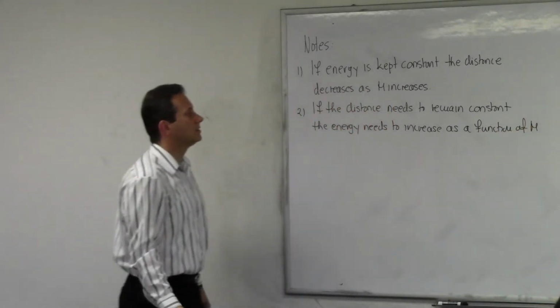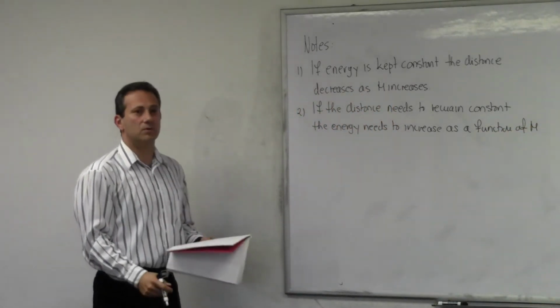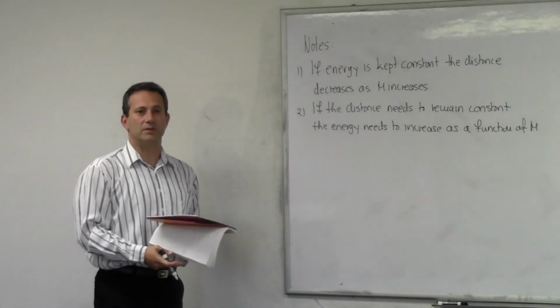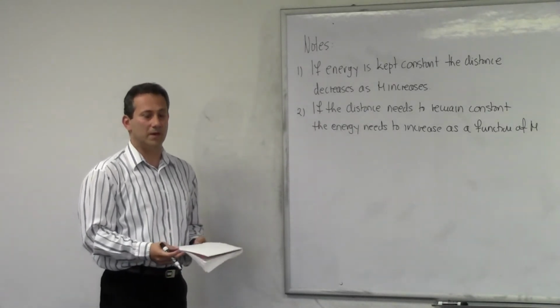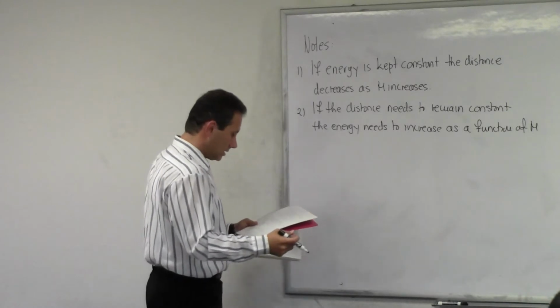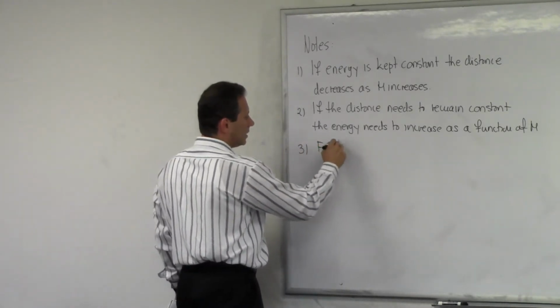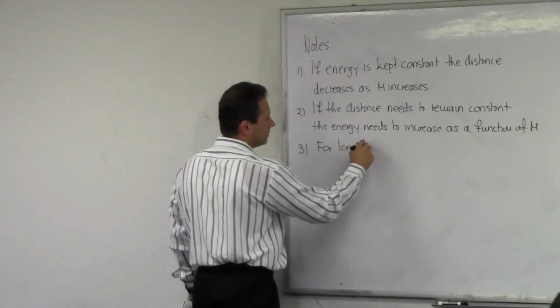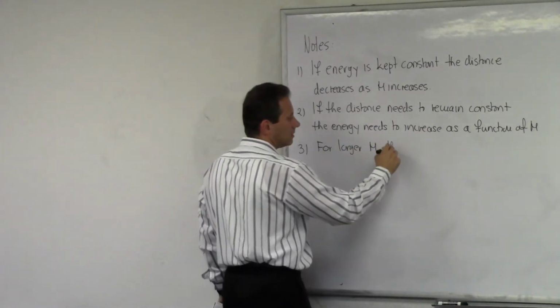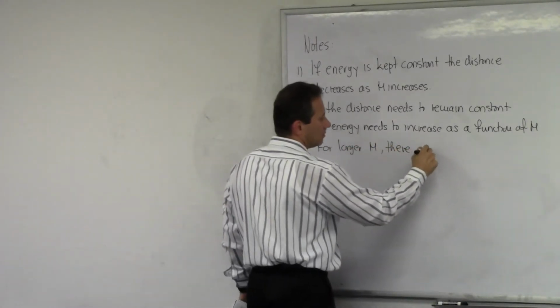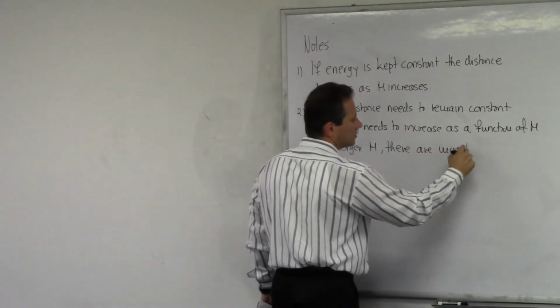Right? And why is this important? Because remember, the distance, we're going to ultimately tie that up to the bit error rate with probability of making an error. The third one is for larger m, there are more bits per symbol.